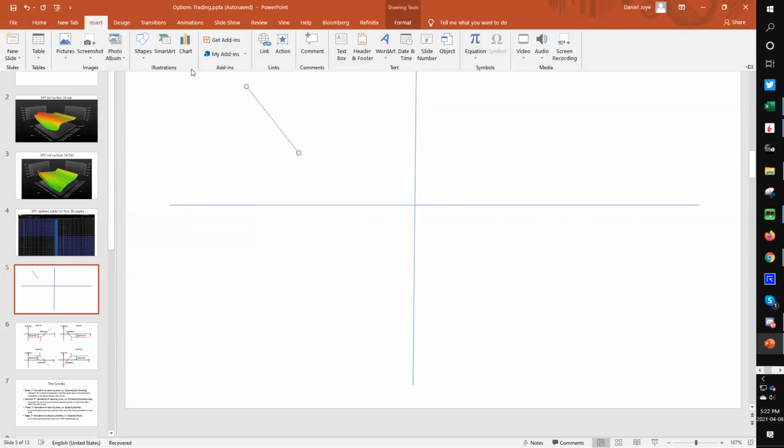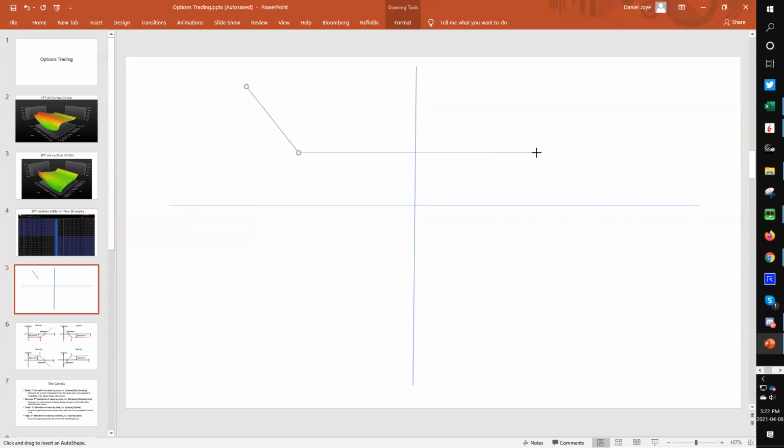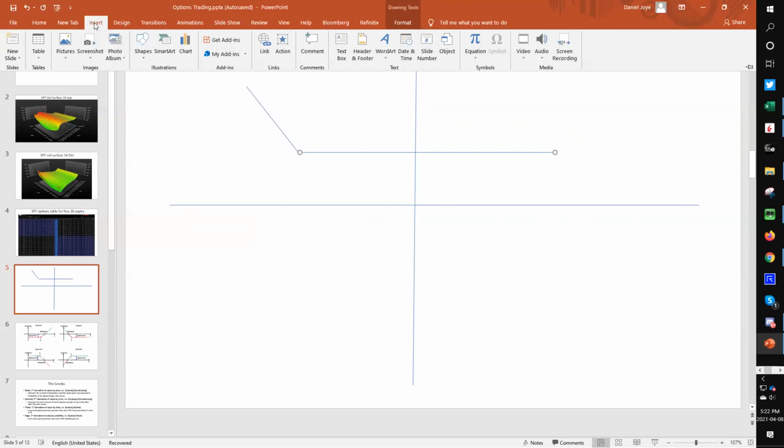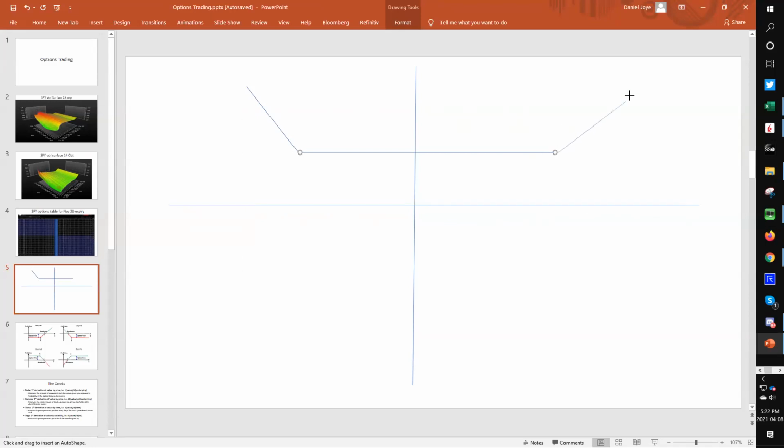And sorry if my drawing skills aren't up to par, but you draw something like that. So you do basically two shapes like that. And this is just a memorizing technique.